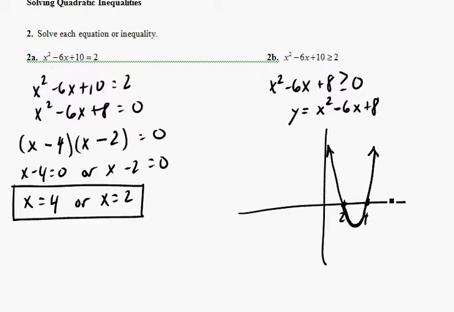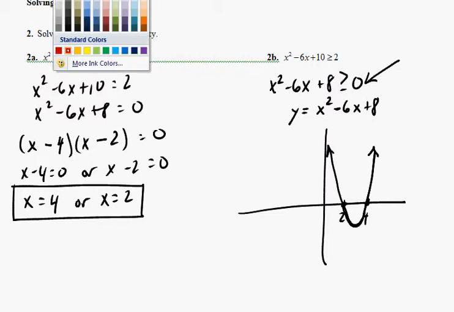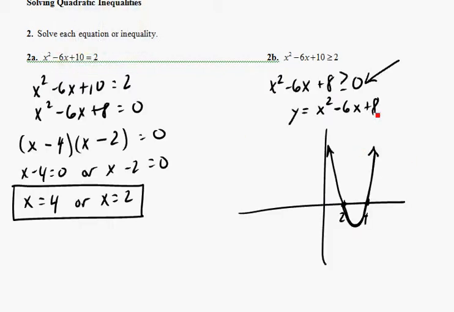Now, I'm going to use this graph to solve this inequality. What we're trying to look for is where this expression here is greater than or equal to 0. Which means we're trying to find the values of x on this graph where the y's are greater than or equal to 0. If we want y to be greater than or equal to 0, that would be this part of the graph.